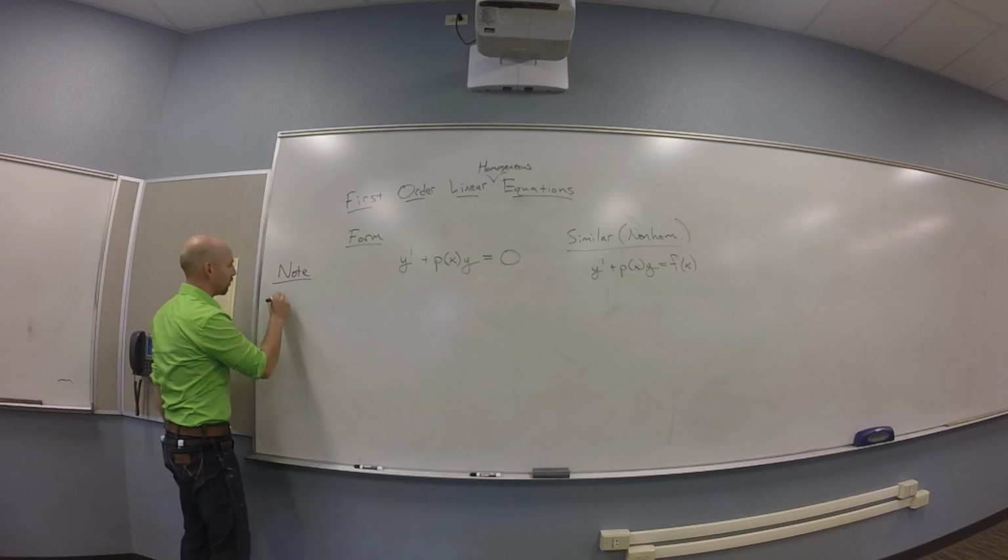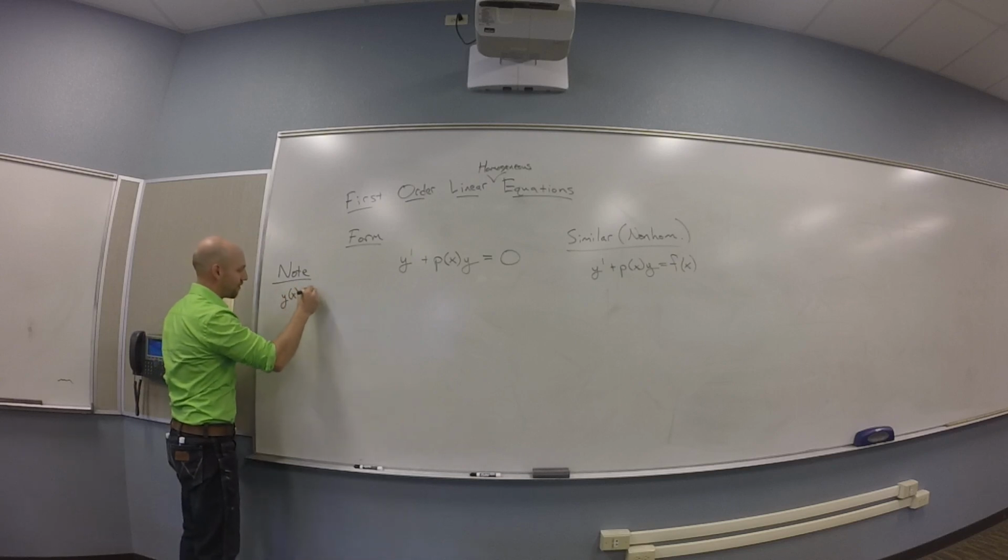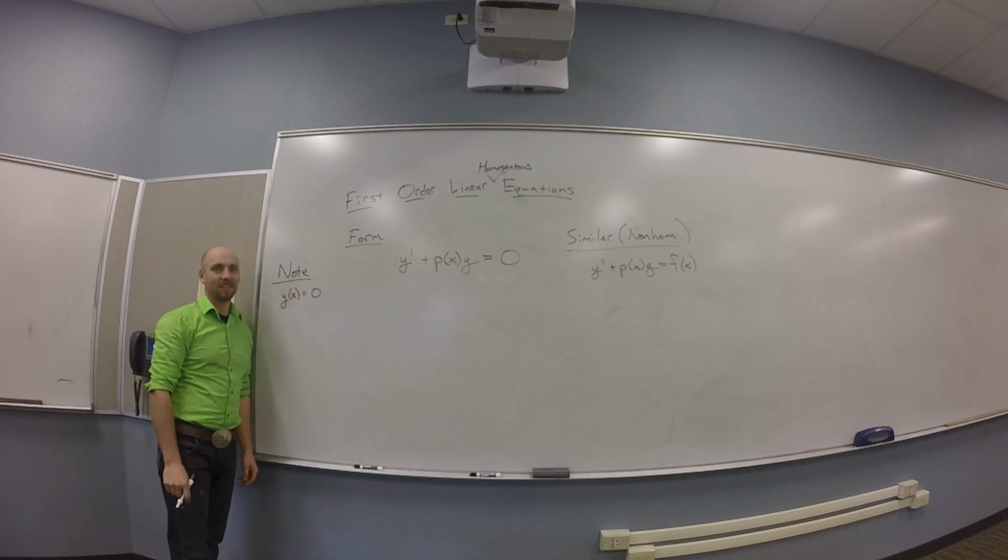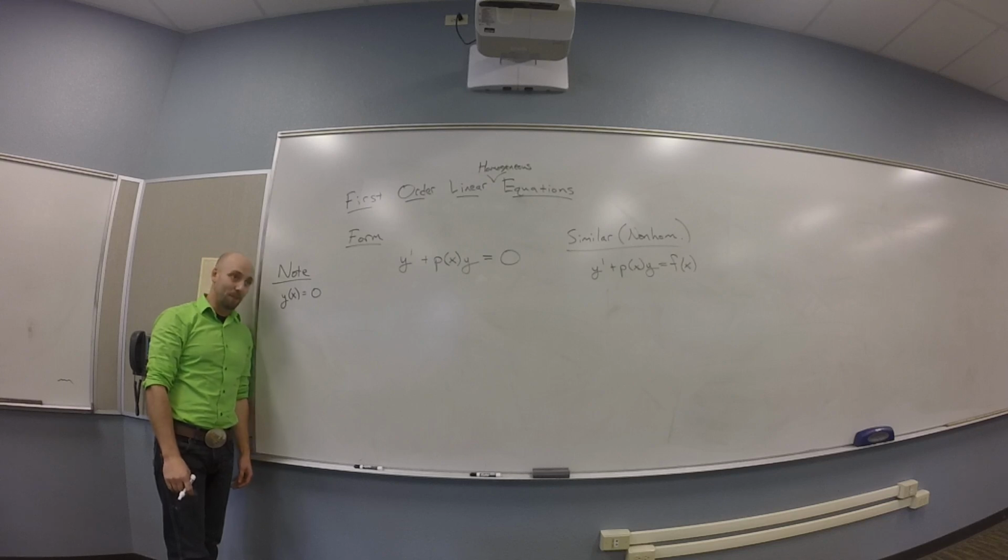Like if the function y of x trivially solves this, like this solves every single first order linear homogeneous equation, right? Do not tell me about this solution. This is not interesting. It's a good thing to remember, right? But it will not be interesting to us basically any times at all.